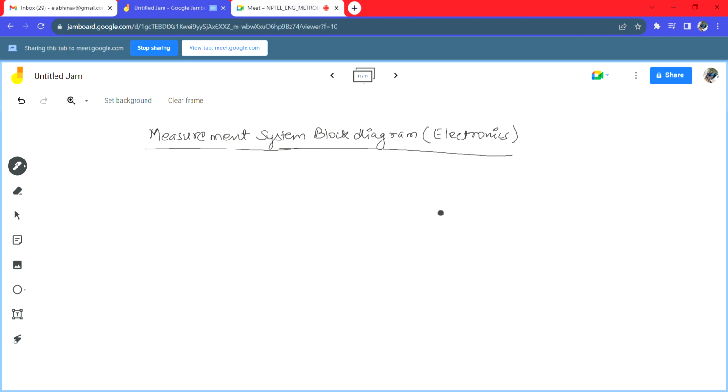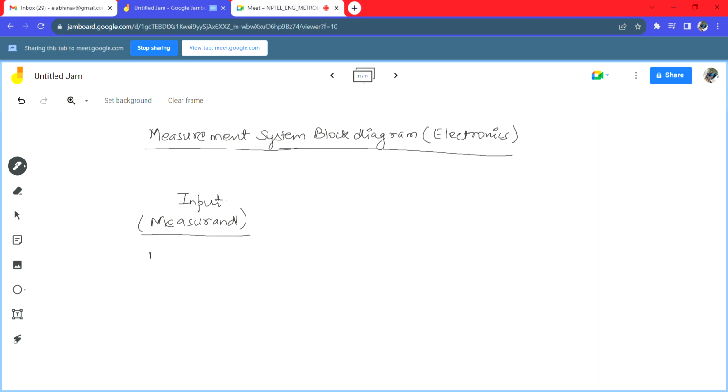So let us begin from the very primary element, that we have an input. Now this input is the measurand, the quantity that we have to measure.